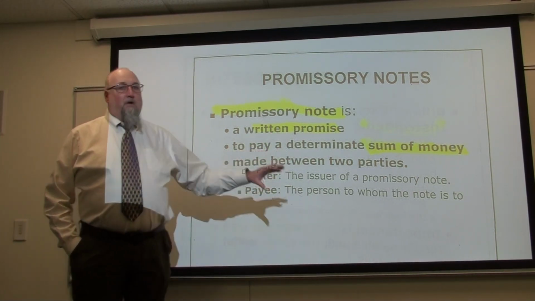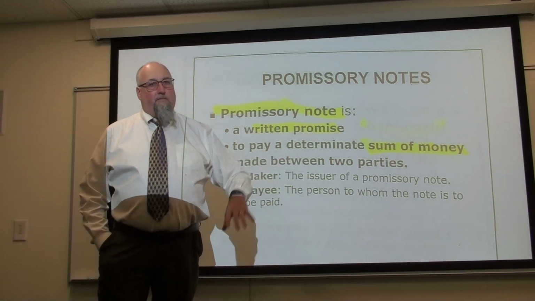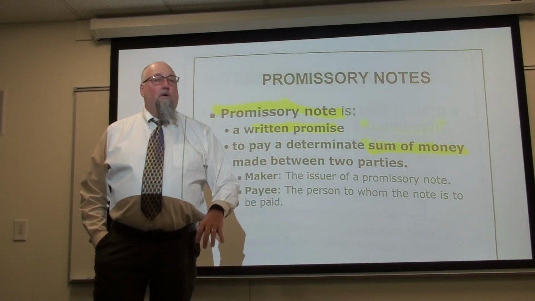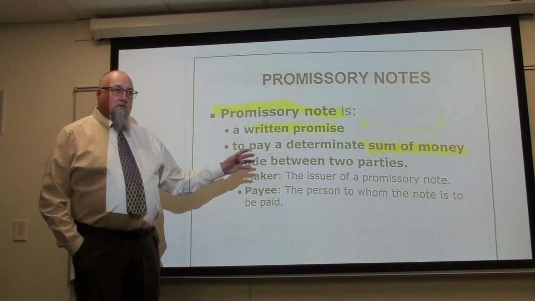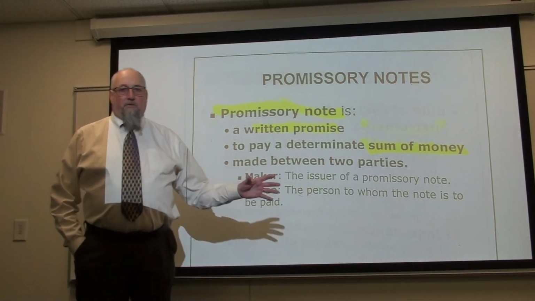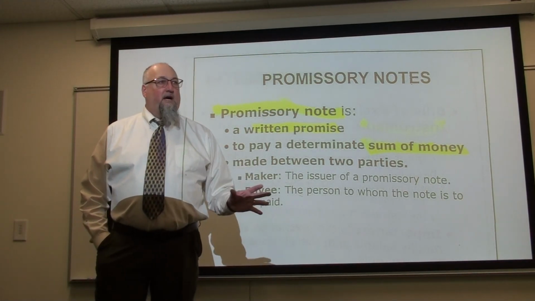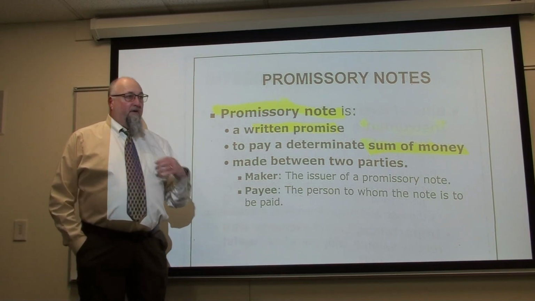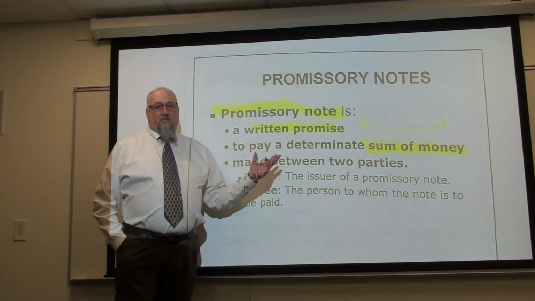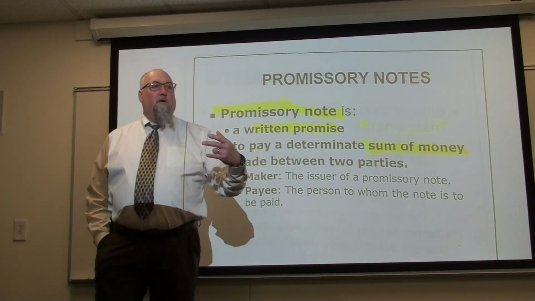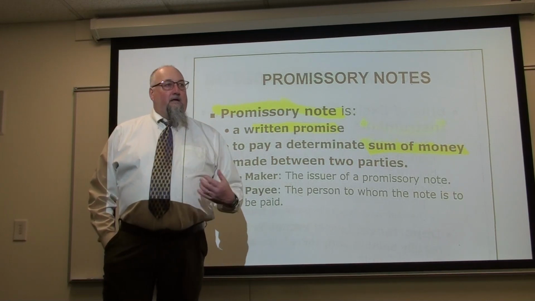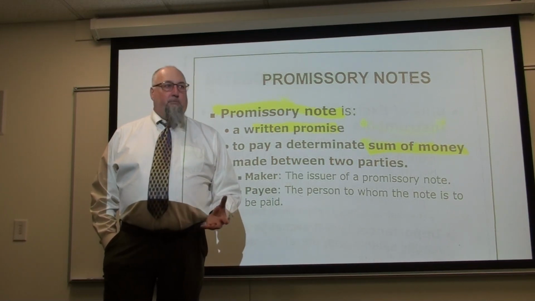A check is a promise to pay money on demand, that is right now. A promissory note looks a lot like a check. In other words, it may be a written paper about the same size as a check, but the difference is it's a promise to pay money in the future at some point. And again, it is potentially a negotiable instrument.